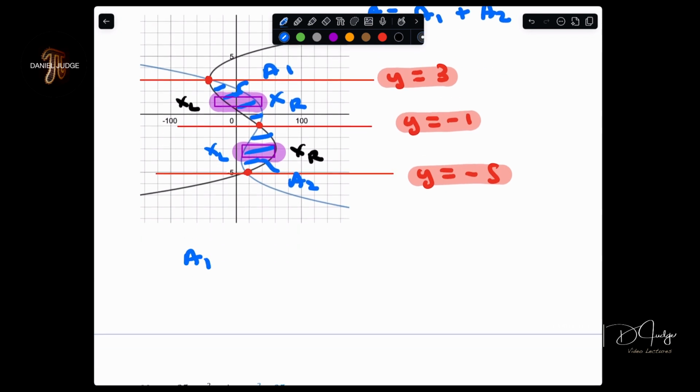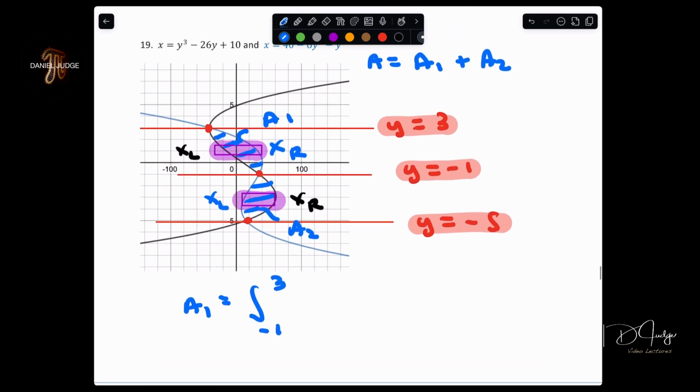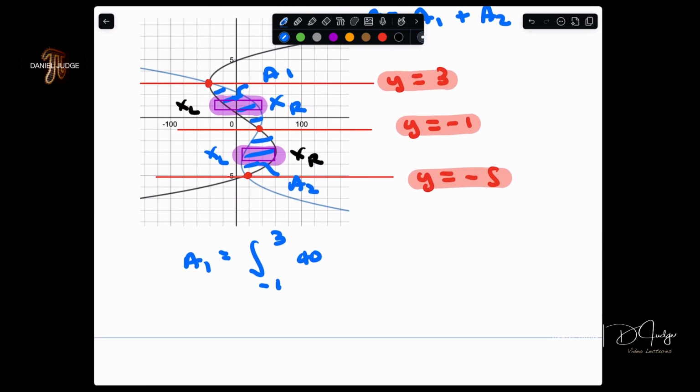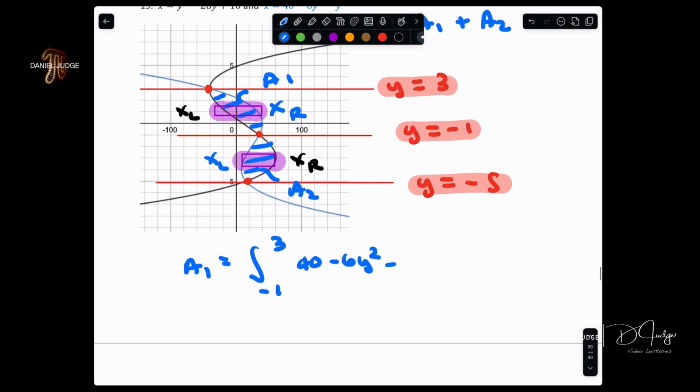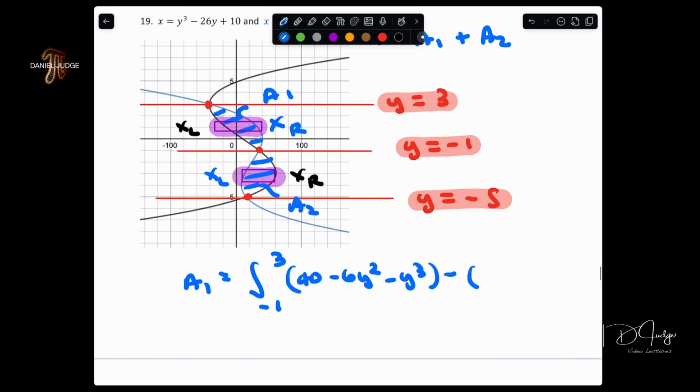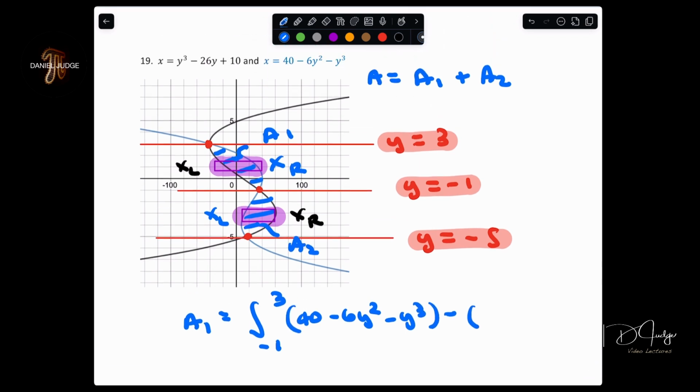The first area is defined to be the integral from -1 to 3, where the right curve is blue: 40 minus 6y squared minus y cubed. There's my right curve. Now minus the left curve. We're going to need more paper.